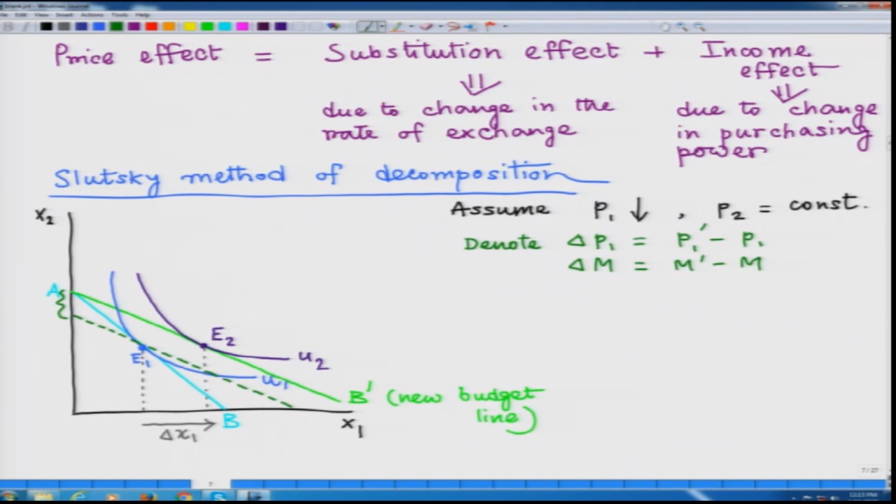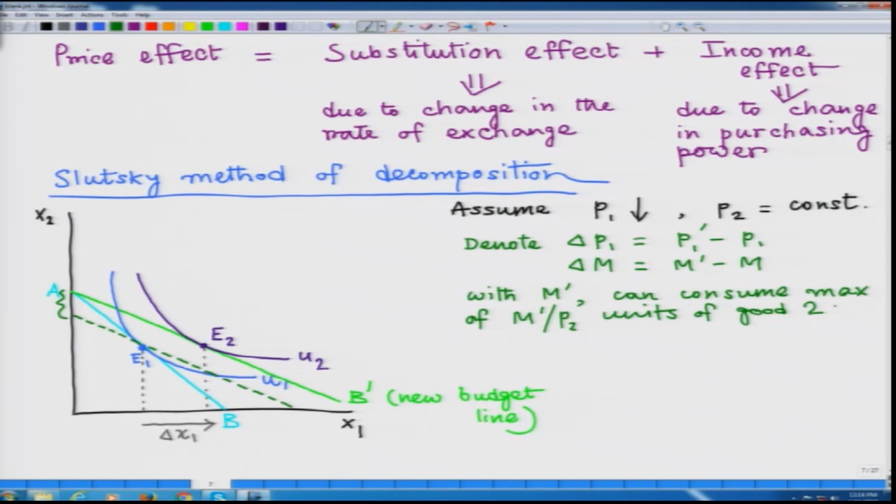Now, note that with the new income level M prime, after the reduction in money income, the consumer can consume a maximum of M prime over P2 units of good 2, which is lower than the previous amount.